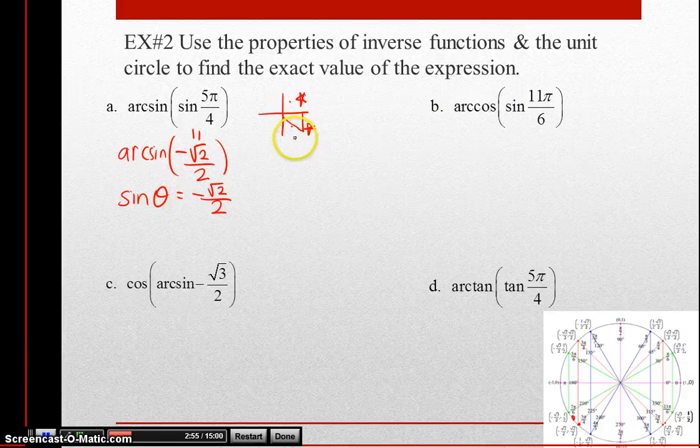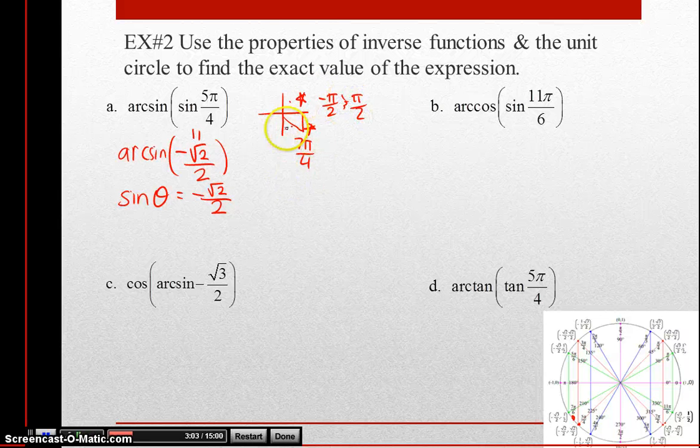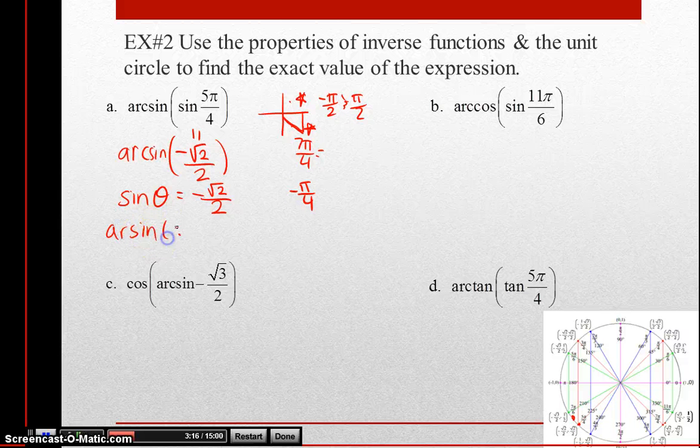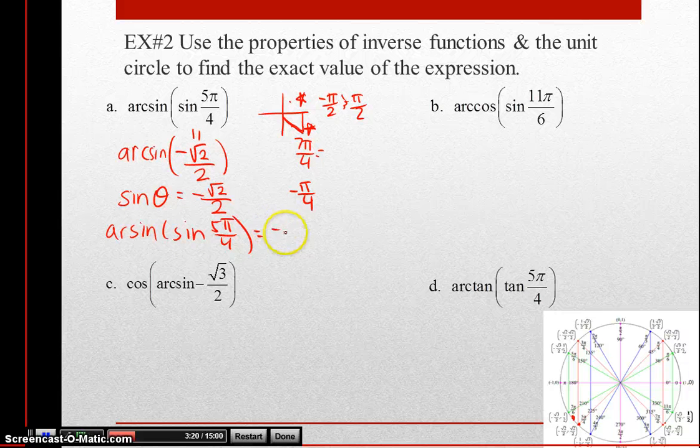However, our 7 pi over 4 needs to be between negative pi over 2 and pi over 2. So we're going to convert our 7 pi over 4, which we know is right here, into negative pi over 4. So in this case, the arcsine of the sine of 5 pi over 4 is going to be negative pi over 4.